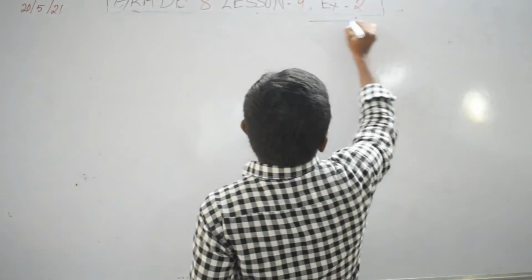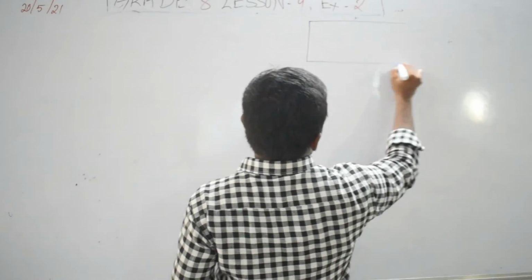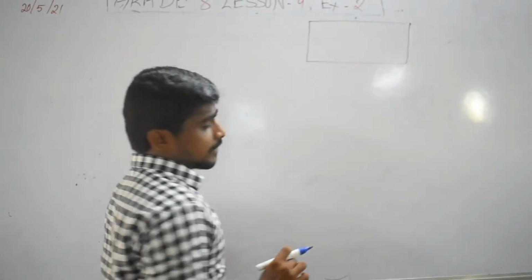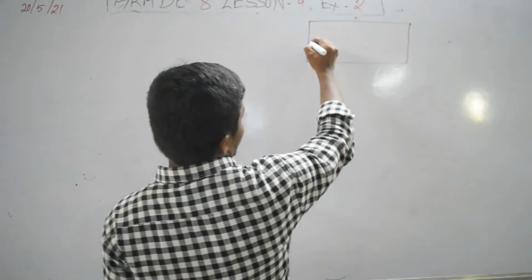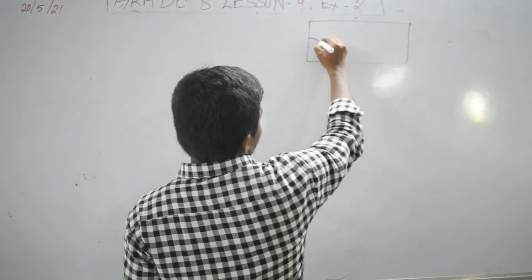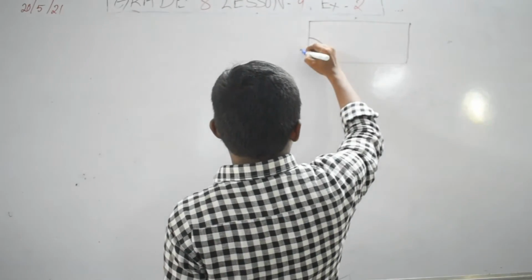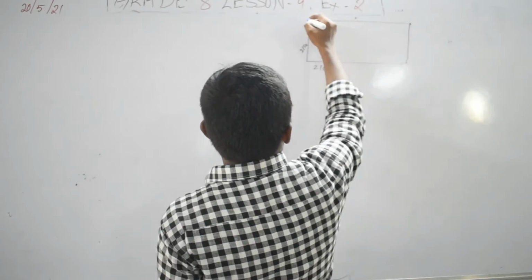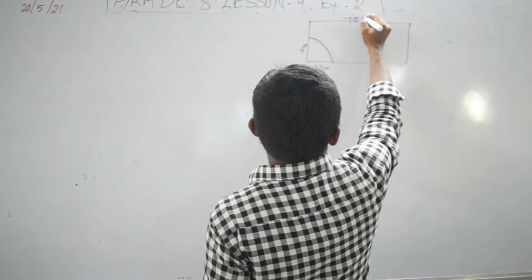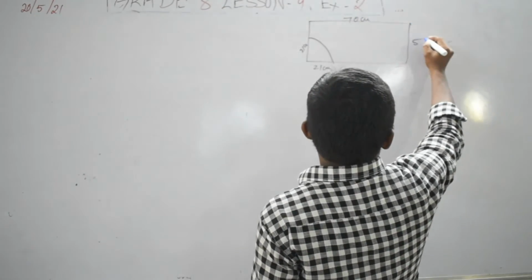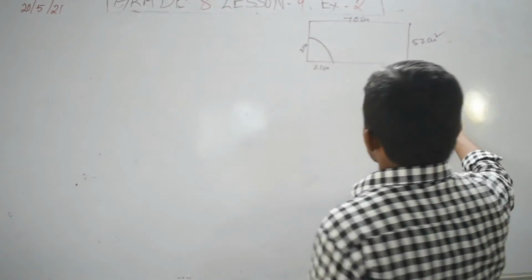Here, see, this is a rectangular field. Here is the grazing. Here to here is 21 centimeters, here to here total 70 centimeters, 52 centimeters.